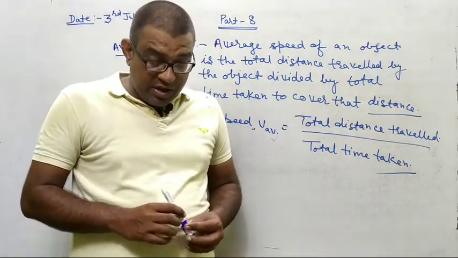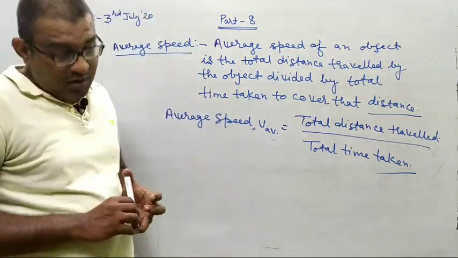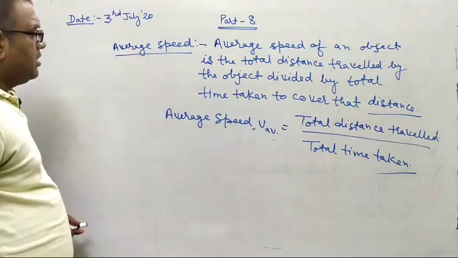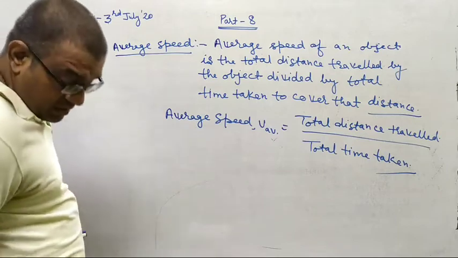Now we are considering two cases to find out the average speed for the given object.